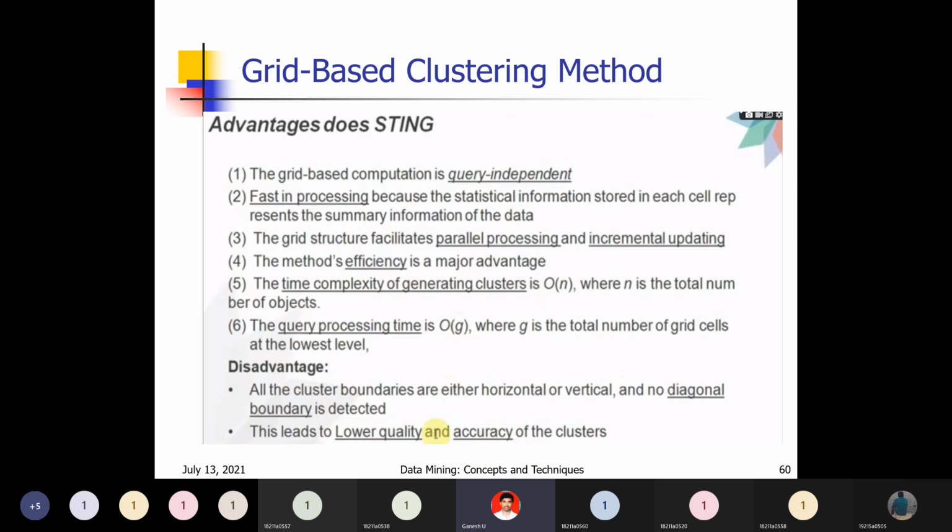It is giving a fast result, but it is not giving a 100% accurate result. Compared to other methods, it is fast, it gives results quickly, and the time complexity is good for this STING method, but the drawback is lower quality and lower accuracy of the clusters.